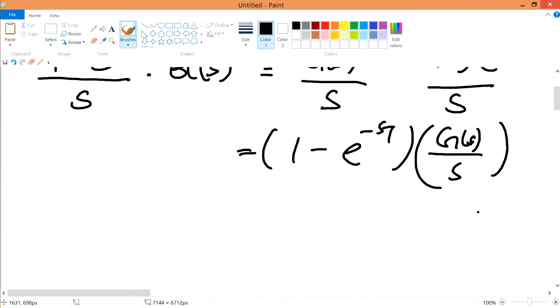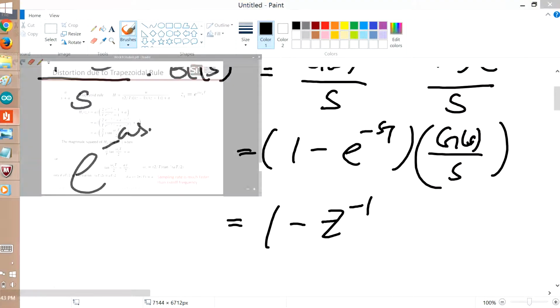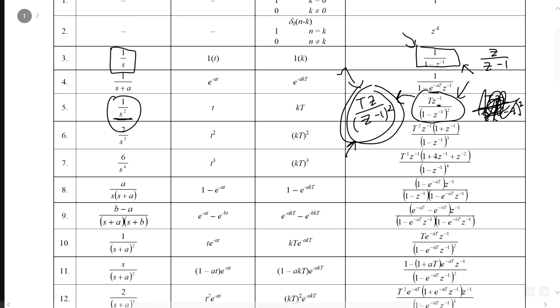Take note, e to the minus sT is not the same as e to the minus aT if you were to z-transform. If you z-transform e to the minus sT, you have z to the minus 1.